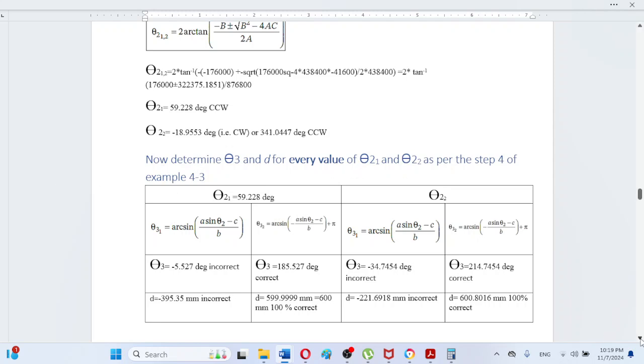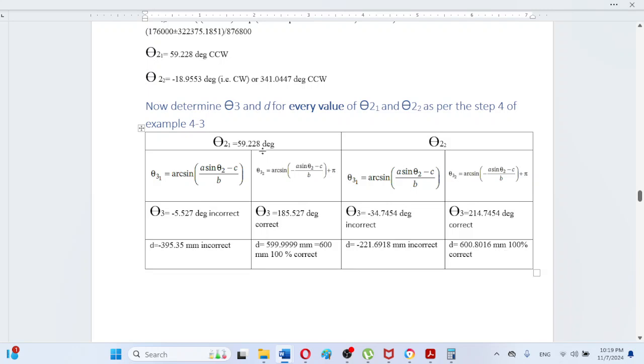As we can observe here, I have tabulated the result, that for theta 2 1, which is equal to 59.228 degrees counterclockwise, if we apply the theta 3 1 formula for the same theta 2 1, and if we apply the theta 3 2 formula, we will be obtaining these results.